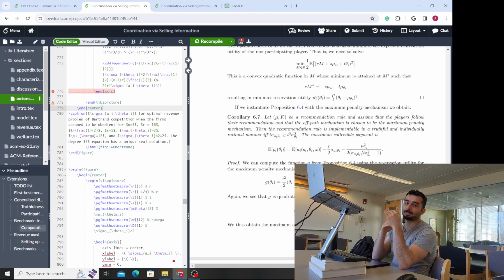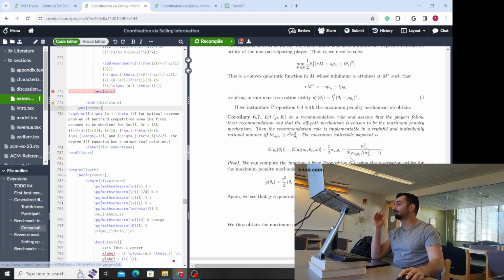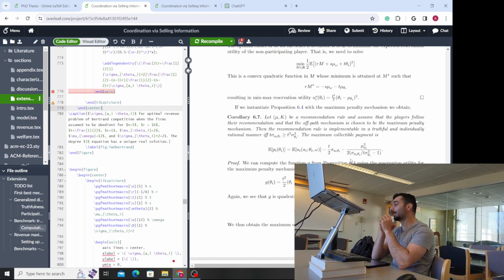So a lot of the steps that I should have taken are already taken. So I can say this is the expected payment, and right away I can say that based on corollary 6.7, we have the expected payment for the maximum penalty mechanism, and this is it, and I will compute the rest.